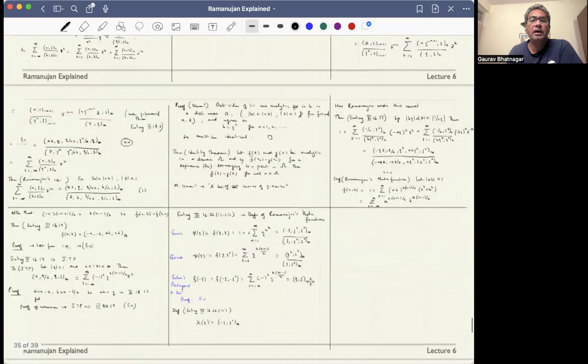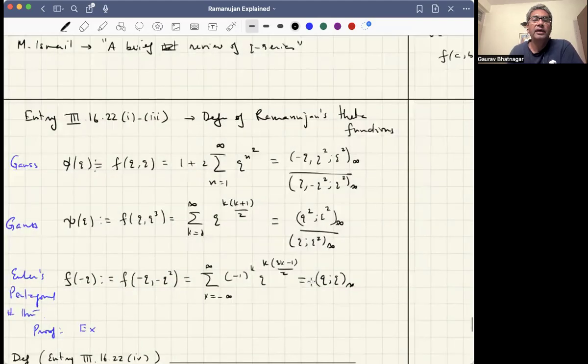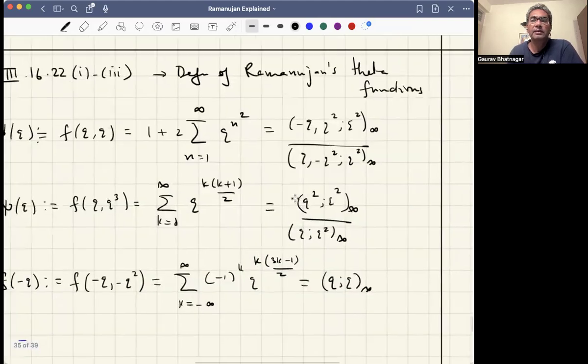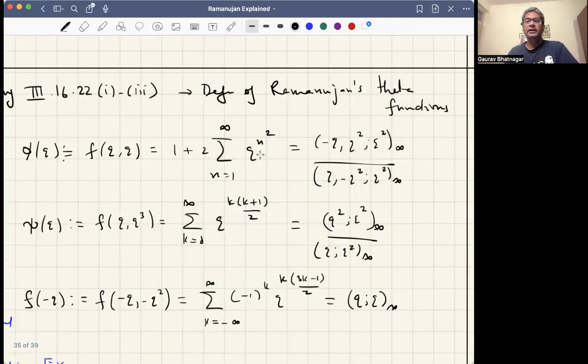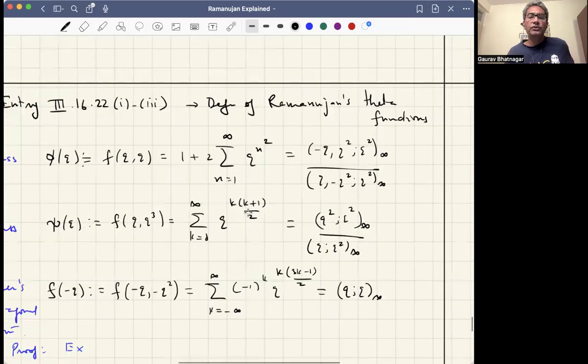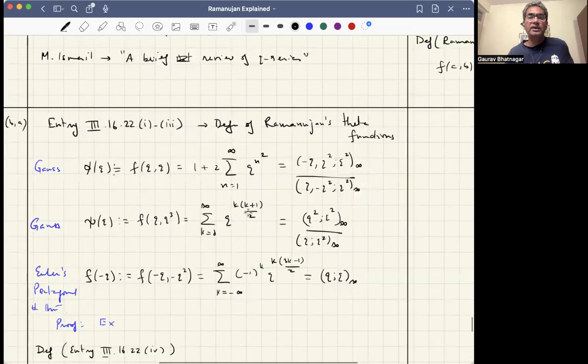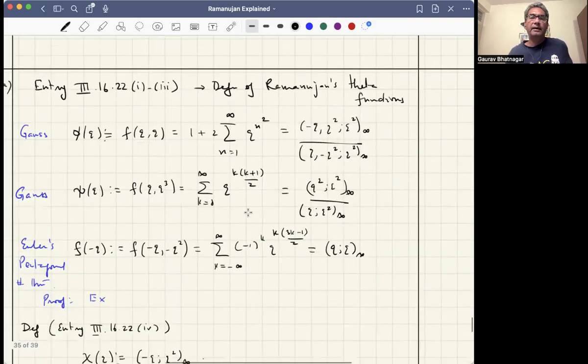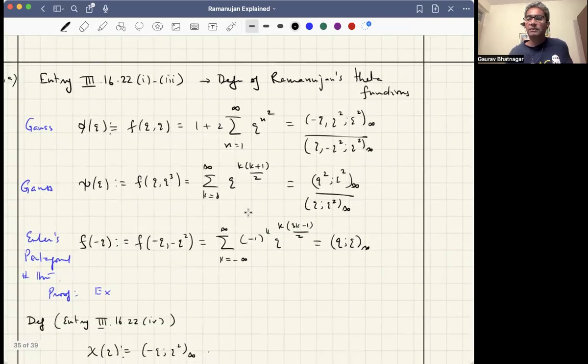If you take Gauss's function and raise it to the fourth power, for example, you get a generating function for writing a number as a sum of 4 squares. If you can show that every term is positive, then you know Lagrange's four square theorem. Such things were interesting to Ramanujan, and we will study them subsequently.